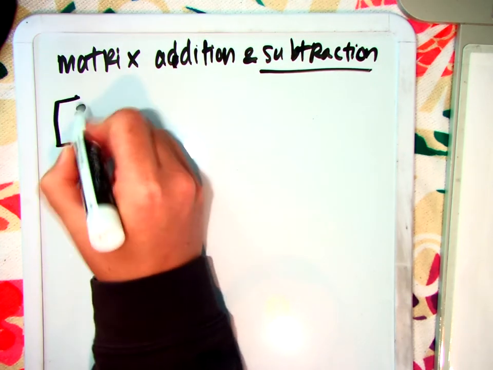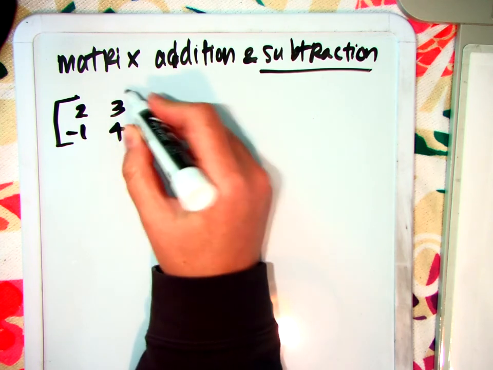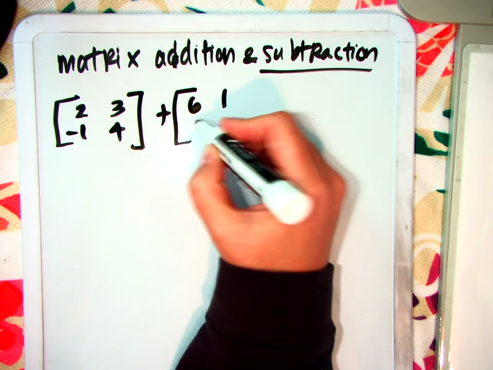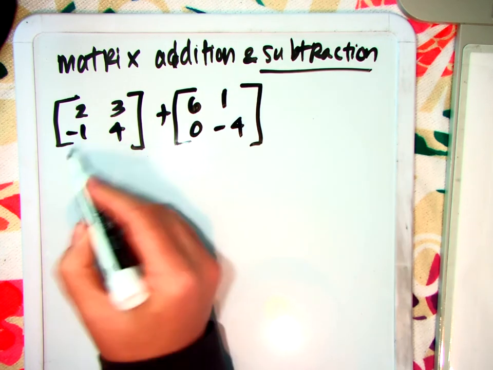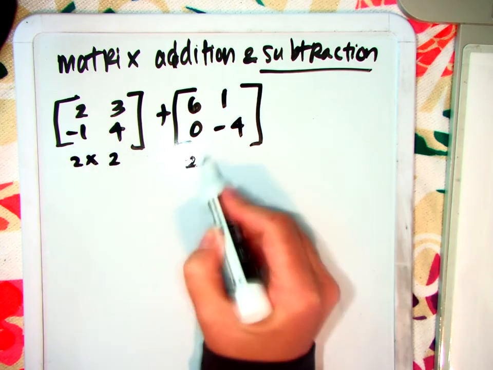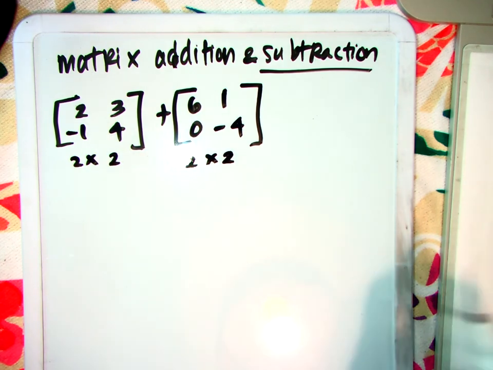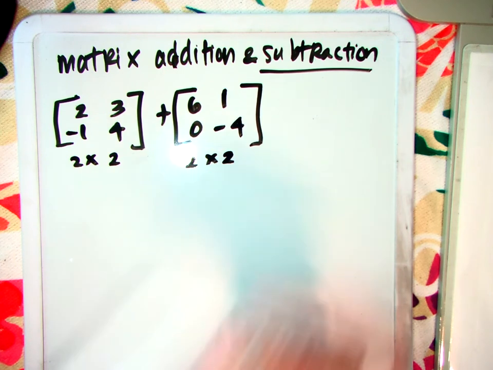In order to add or subtract two matrices, their dimensions must be identical. So here I have a 2 by 2 matrix, and here I have a 2 by 2 matrix. Because these matrices have the exact same dimensions, I am allowed to add them. And adding them is very easy.